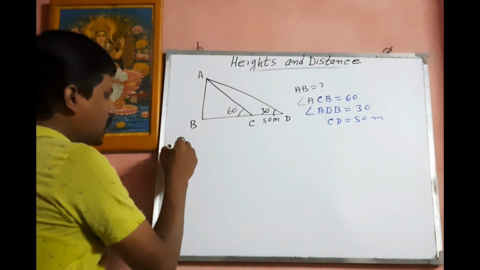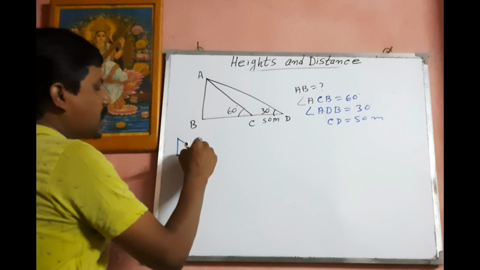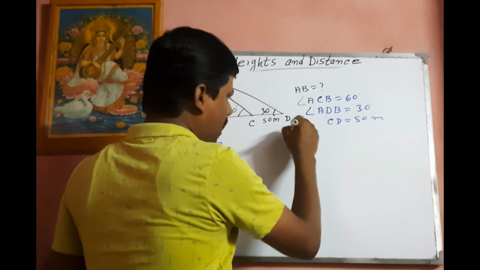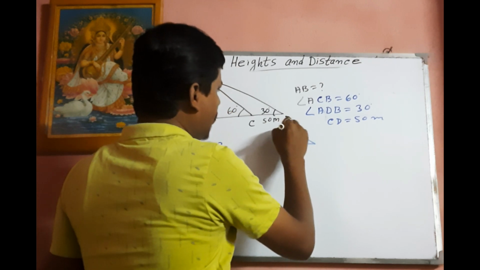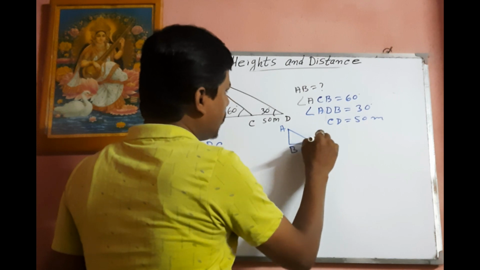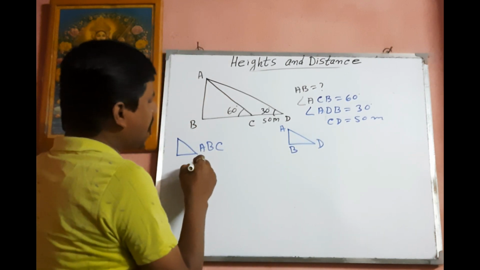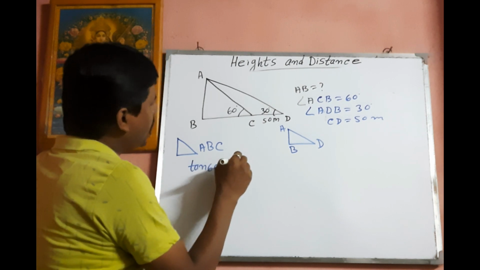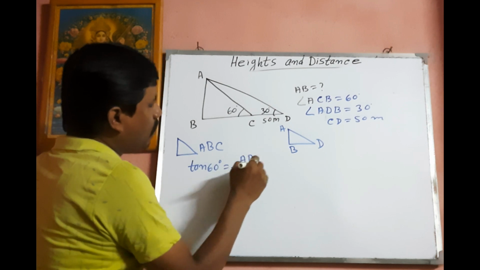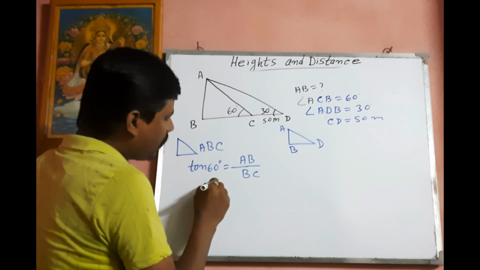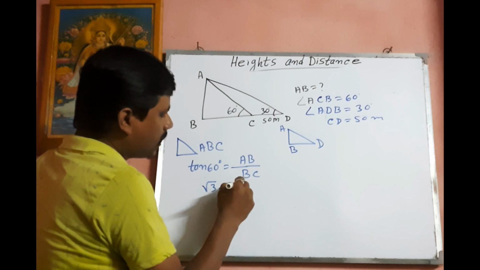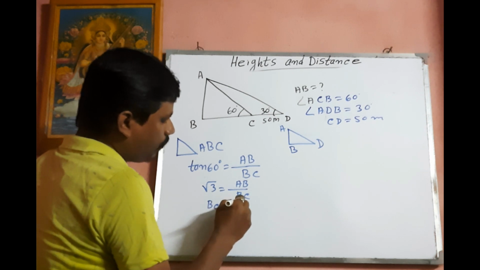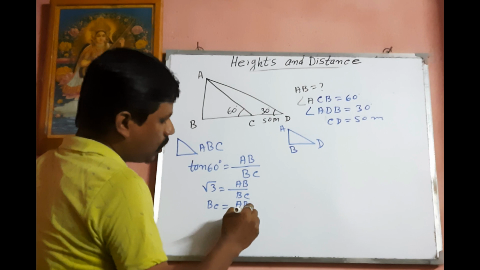Now here from the right angle triangle ABC and from the right angle triangle ABD, from these triangles tan 60 is equal to perpendicular by base. We know that the value of tan 60 is equal to root 3. Then AB and BC are there. Then BC is equal to AB by root 3.